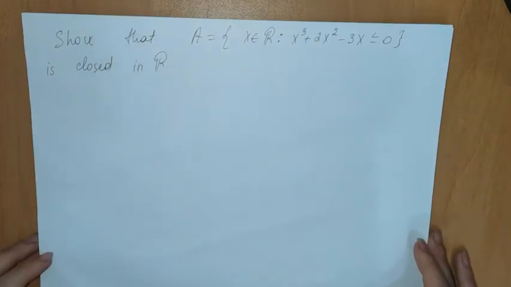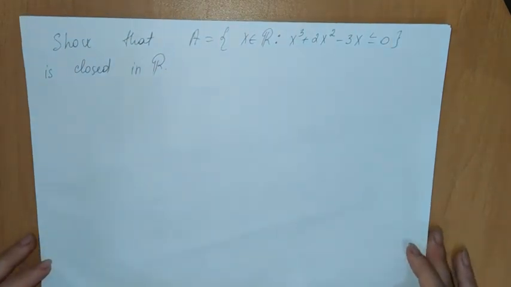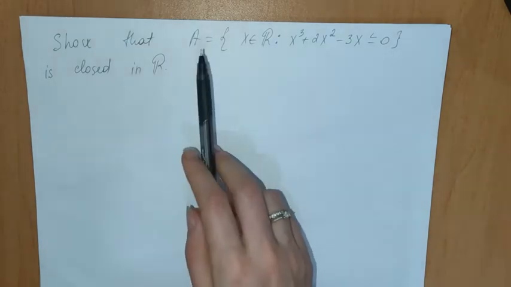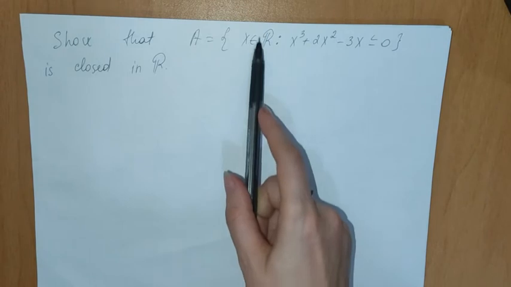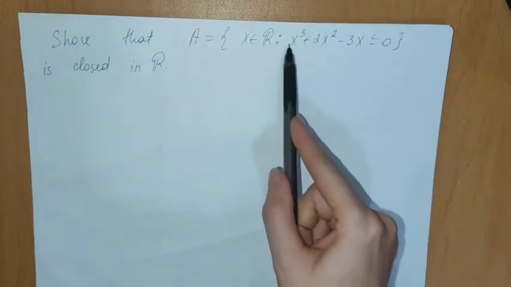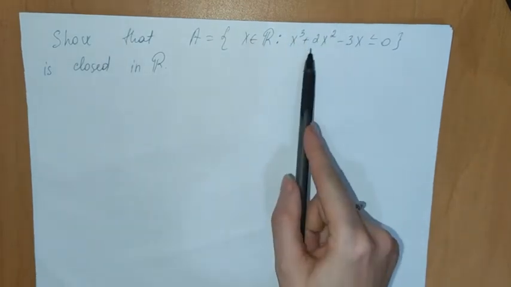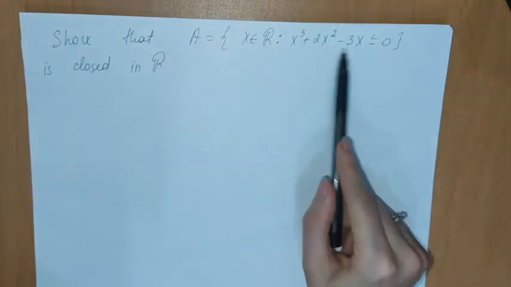And next, the final type of question is: show that the set A is closed in R. The set A consists of all x from R which satisfy this inequality.